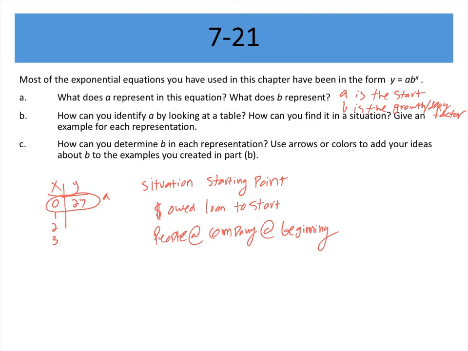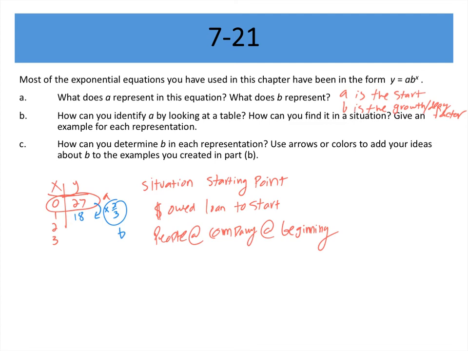All right, so I think we've satisfactorily answered the second question, which is looking at A. How could you determine the B in each situation? Use arrows or colors to add your ideas about B in the examples you created in the previous part. So B is the growth rate. In the previous problem, the times 2/3 portion was the B value, and the starting point was the 27, which was the 0 value.